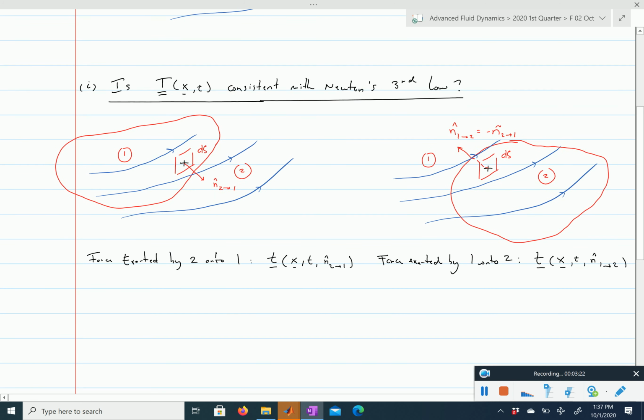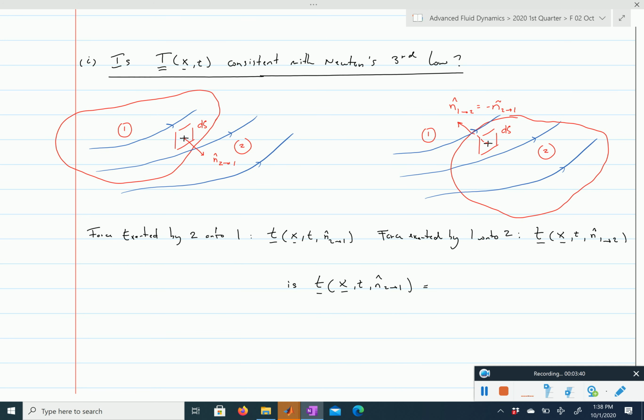And so if the Cauchy stress tensor is consistent with Newton's third law, we should have that this stress vector here is opposite to this stress vector here. So is the force exerted by 2 onto 1 equal to minus the force exerted by 1 onto 2?